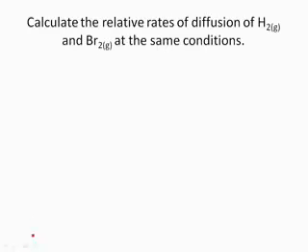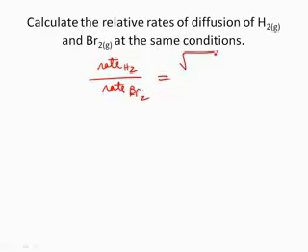So anyway, here we have: calculate the relative rates of diffusion of hydrogen and bromine at the same conditions. Well, Graham's law says that the rate for the hydrogen over the rate of the bromine is equal to the inverse square root of their masses.